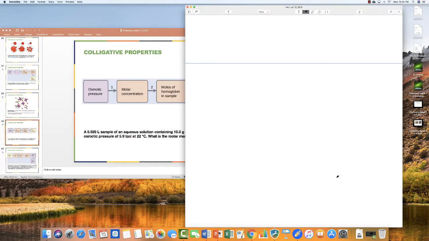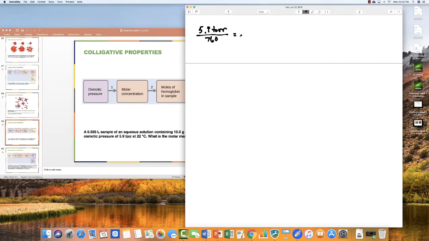First of all, the osmotic pressure, as I said, was 5.9 torr. Now we're going to have to divide this by 760 because the constant we're going to use for R is in atmospheres.